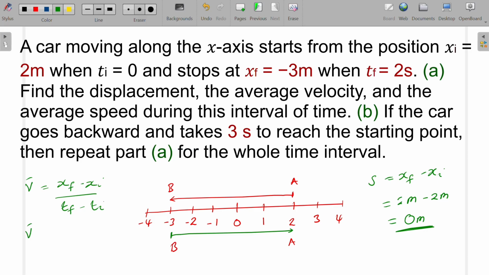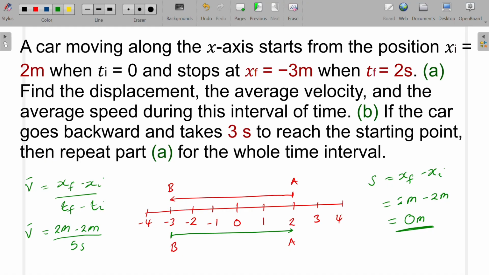So replacing what we have there, we still have 2 meters minus 2 meters, divided by, the initial time that we have here is still 0, and the final time, we remember, is coming to point B and going back to point A. It uses 2 seconds to go to point B and 3 seconds to go to point A. So the total time used in this case is going to be 5 seconds.